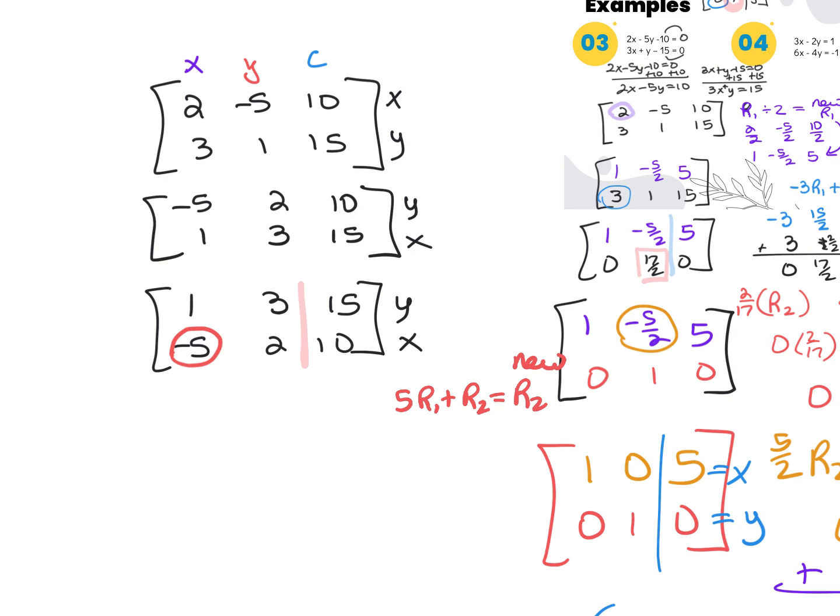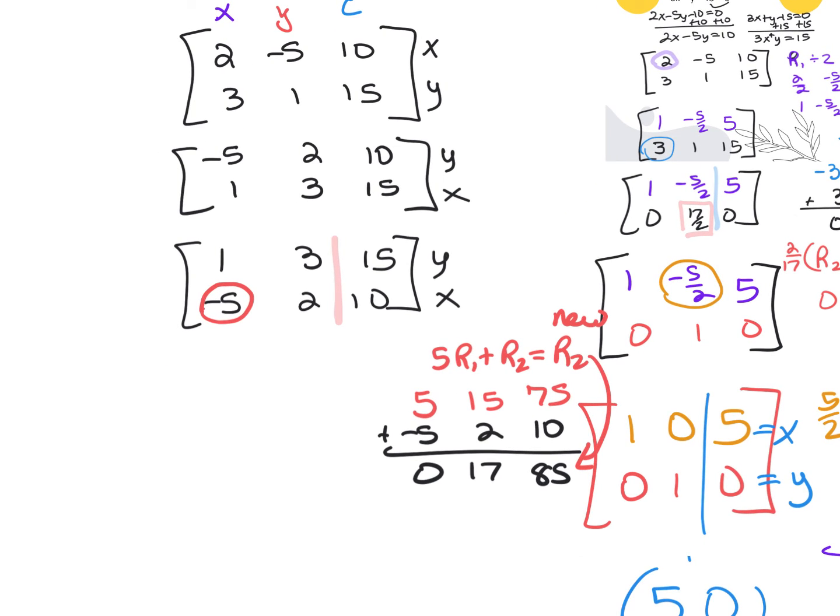So when I multiply it, I get 5, 15, and 75. I'm going to add that to the current row 2. 0, 17, 85. This is my new row 2. So now let me write in 1, 3, 15. That row 1 stayed the same. Row 2 changed.